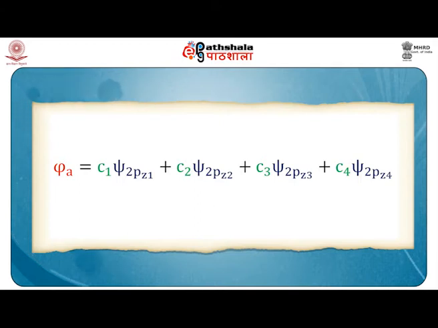Now, using this trial wave function, one can find out the approximate energy, and if we use the variation principle, ultimately we will get secular equations.